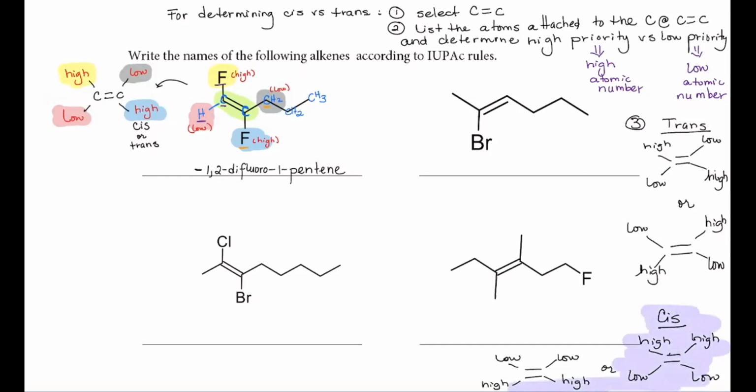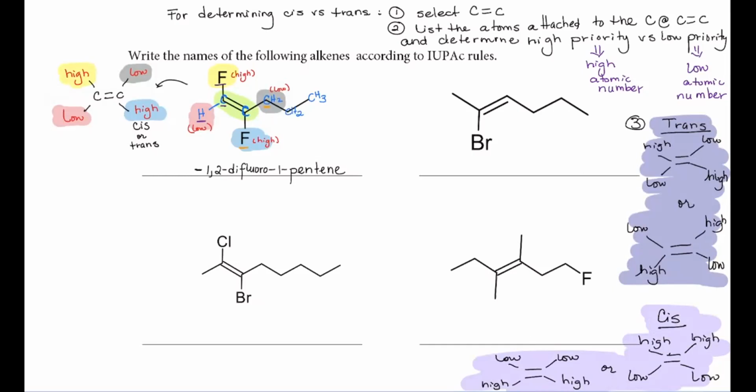So these are the two ways that we can get cis. This is how we can get trans. Okay, let's look at the next example.